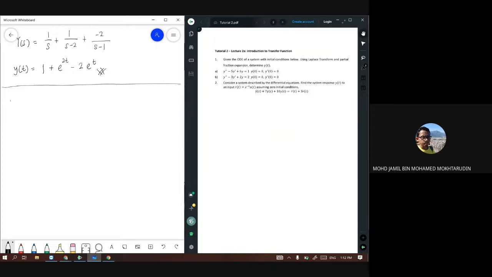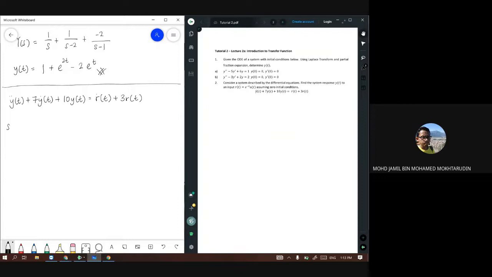So kita tulis dulu y double prime(t) plus 7y prime(t) plus 10y(t) equals r dot(t) plus 3r(t). Okay, so we use Laplace transform to convert this equation into frequency domain.